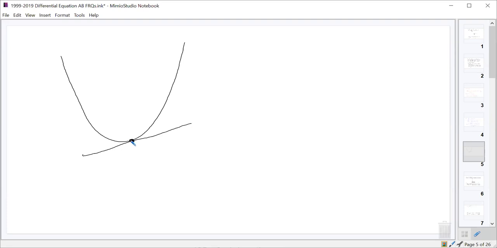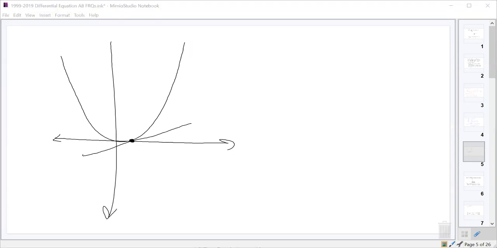And that's right there. Tangent line there. And we've used that tangent line to approximate the value somewhere else. Right? We use that tangent line to approximate the value over here. Didn't we?